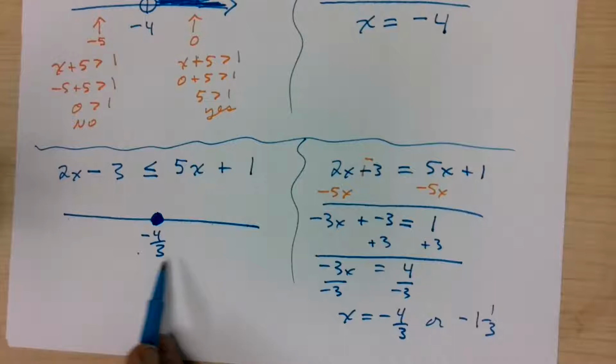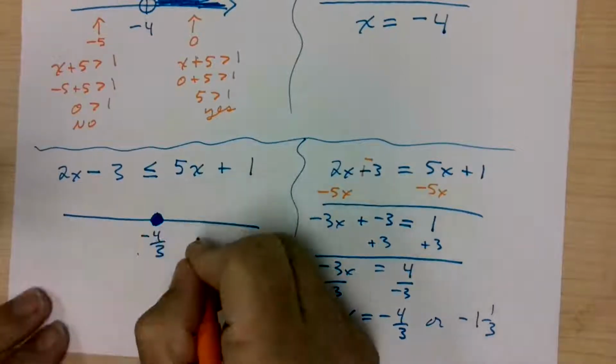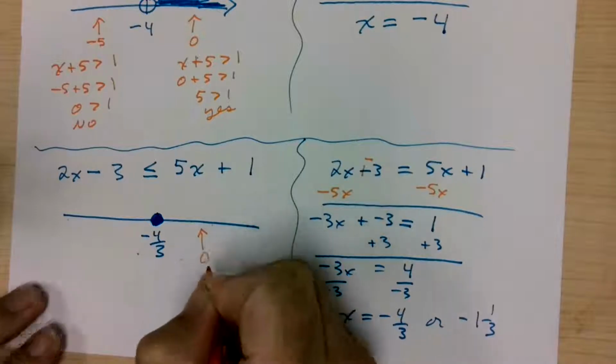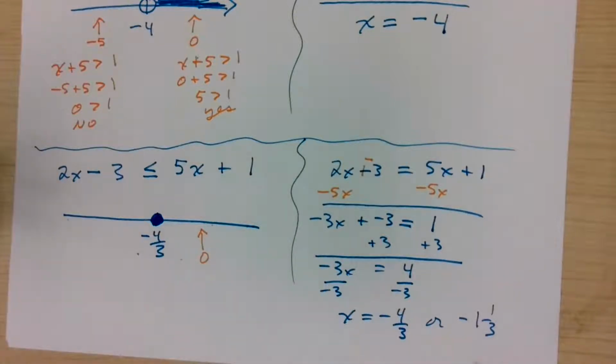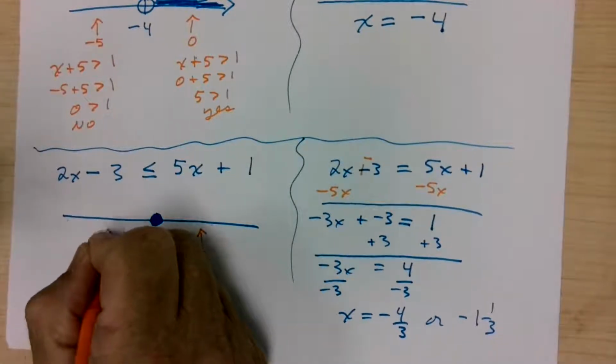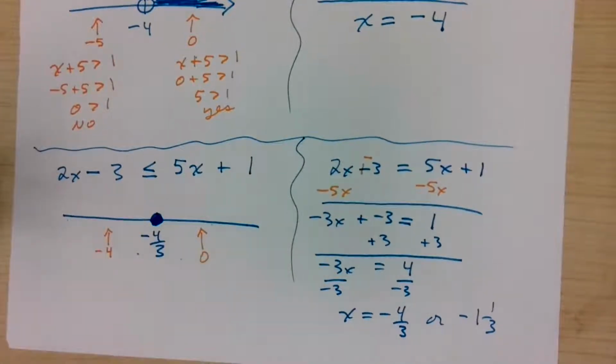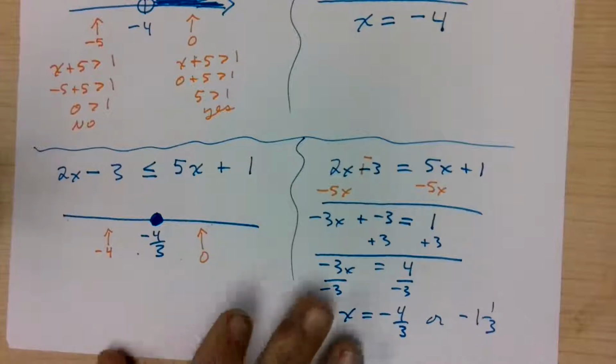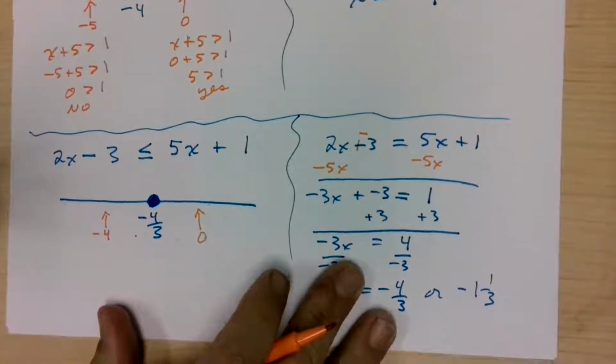Well, to the right of a negative number is a positive number. My favorite number that's not negative, not positive, but instead is 0. And to the left of negative 1 1/3, negative 2, negative 3, negative 4, maybe I'll just choose negative 4. Any number will work. So we're going to check to see which way we're going to have to shade.